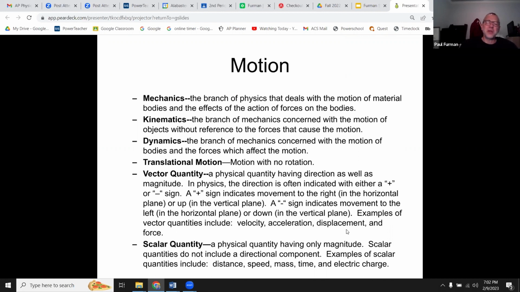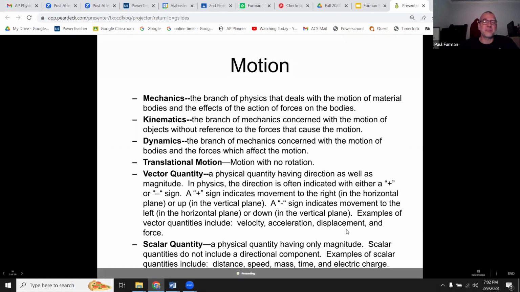We'll talk a little bit about the difference between vectors and scalars. For example, velocity is a vector. It has magnitude and direction. Speed is a scalar. Speed just has magnitude. It has a number, but we don't talk about speed in terms of the direction of the motion. With velocity, we absolutely do care about the direction of the motion.